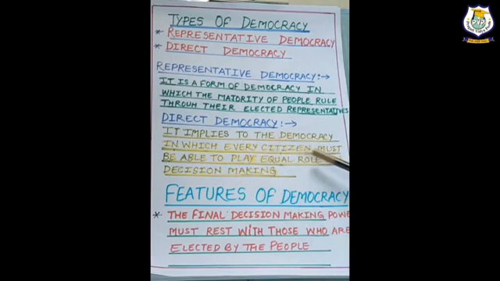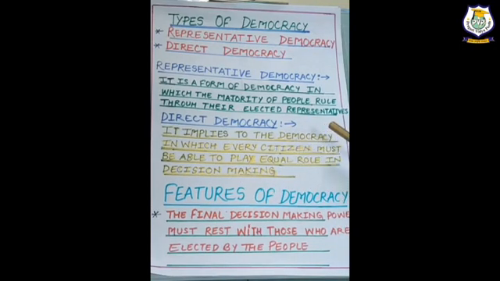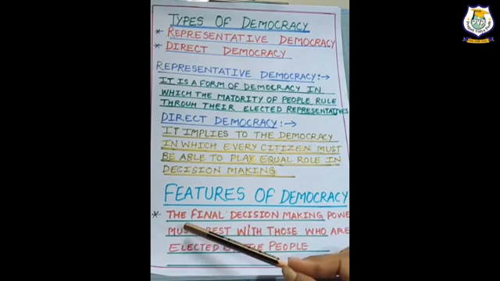So in this way, all the villagers take participation in the formation of rules and decision making. Now, to understand democracy much better, we will study the features of democracy.